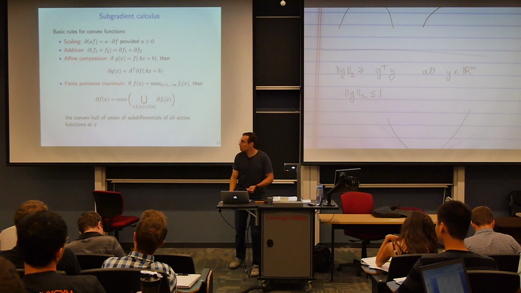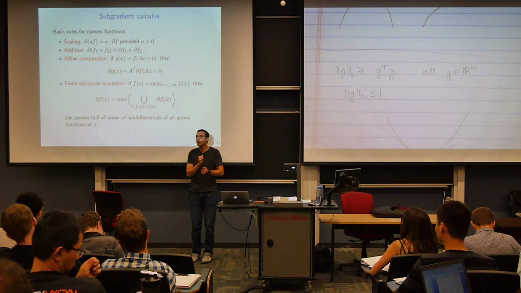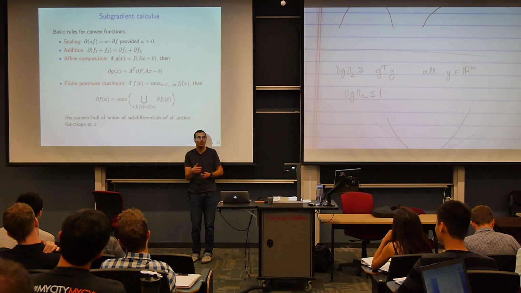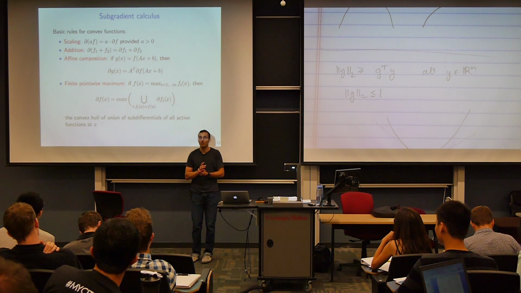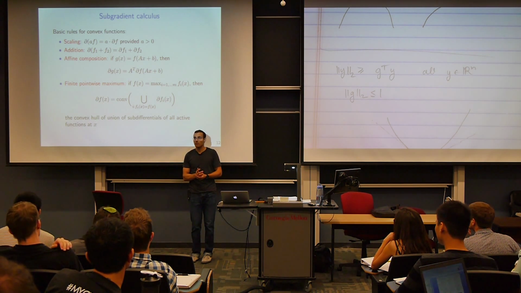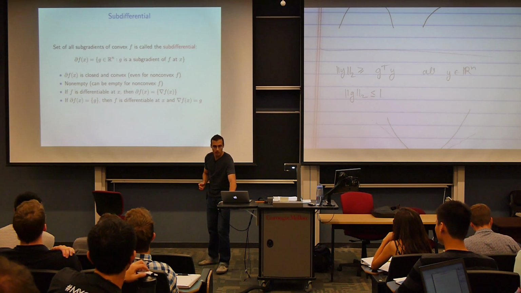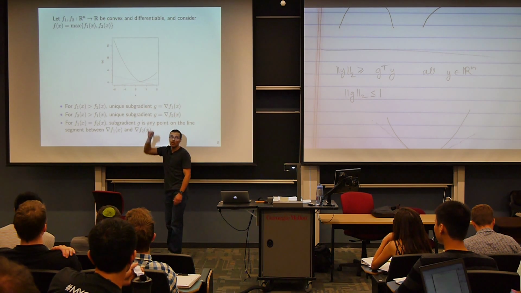Here it's just a bit more general because I'm saying the subgradients are any of the subgradients of the function that achieves the maximum, because that function itself could be non-smooth. Now, if there's more than one function that achieves the maximum, then we're in that situation here, that kink point.